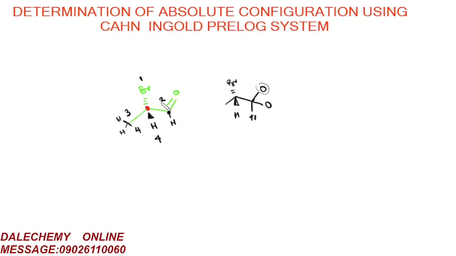So this is the 1st, 2nd, 3rd, and this will be the 4th. So you still number it normally. You have R in that case. This will be R. But because your lowest priority group is on the wedge, you have to invert your priority. So that's going to be S. Okay. And so you name this normally.